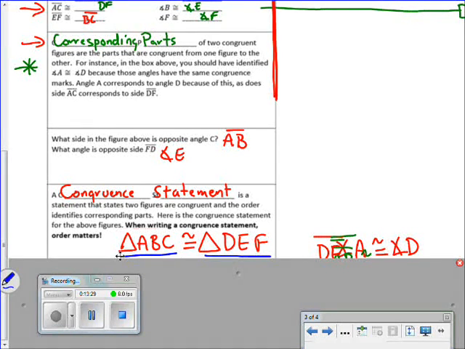It happens to be DEF is in alphabetical order, but that's not how I chose to write the letters over there. What I did is I looked at the angle A in the figure above, and I looked to see which angle was congruent to it, and I put it in this first spot. Then I found the letter B, and it was the second letter, and I looked up there to see what angle was congruent to it, and it was the second letter, and so on. That's how I actually created it.